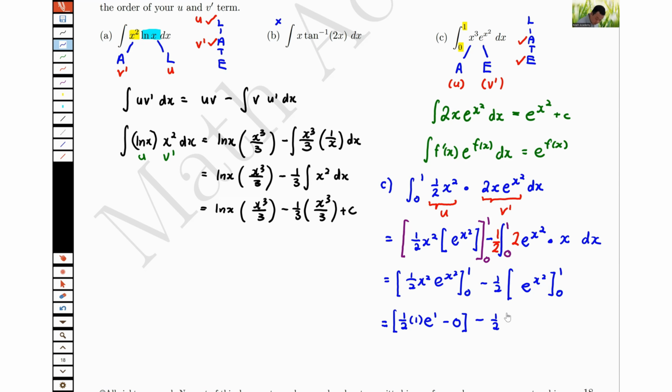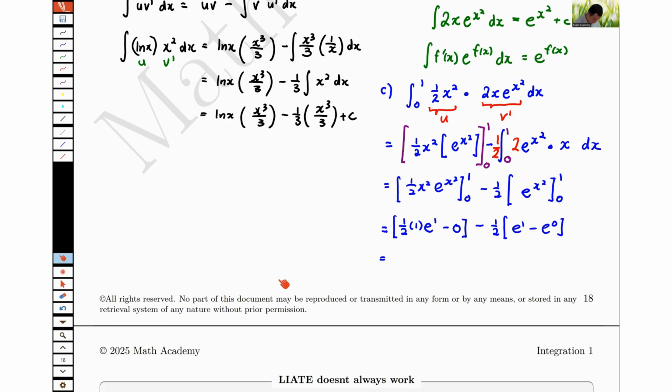Okay, second term, it's e^1 minus e^0. Okay, so we simplify. Open up all the brackets. And this will give me the value half.